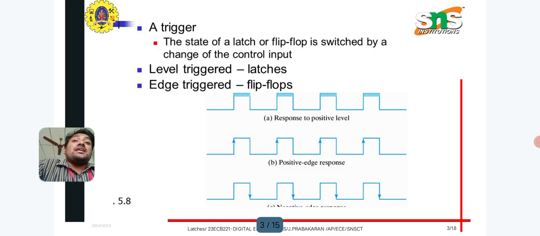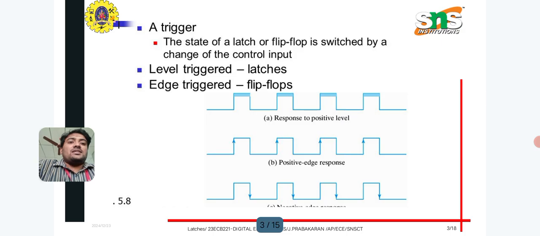When the enable signal is inactive, the latch holds its last value irrespective of the input change. Potential glitches. Since latches are sensitive to input changes while enabled, they are susceptible to glitches or unintended changes if inputs are not stable during the active phase.